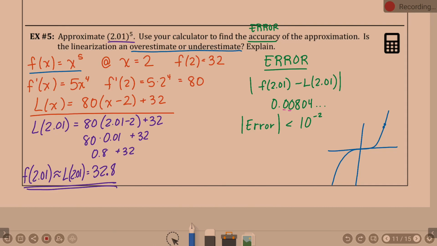We can also think of a tangent line. Officially, the tangent line is below the graph because this piece of the graph is concave up. With that being concave up, our tangent line is below it, which makes it an underestimate.